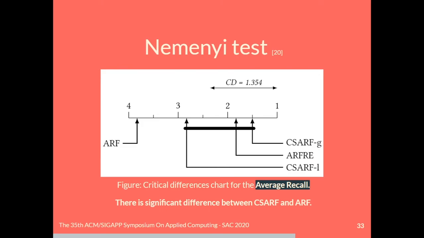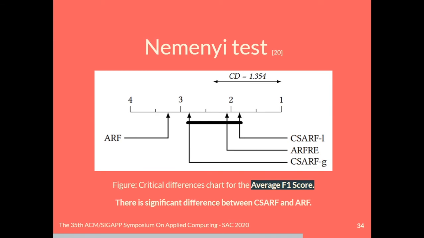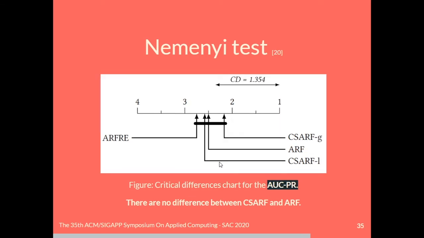In the average F1 score, CSARF Local stands out with the best performance and a significant difference when compared against the original ARFRE. In this metric, there is no difference between these last three ranks here. When evaluated in the AUCPR metric, the results suggest that there is no significant difference between the performance of the evaluated methods.